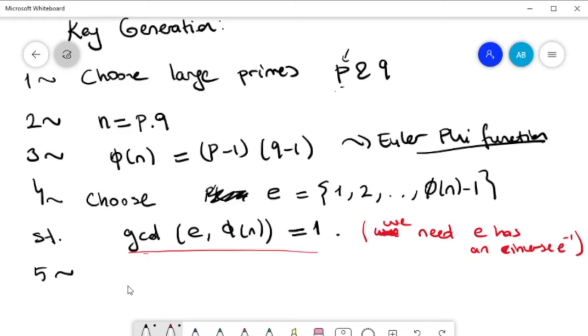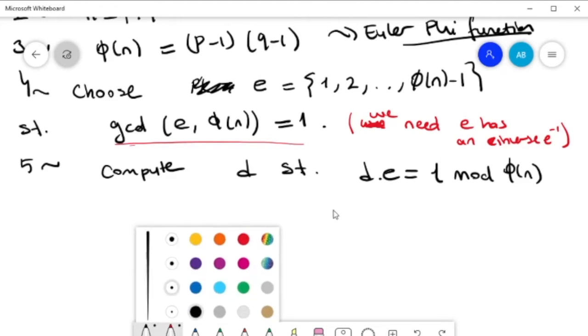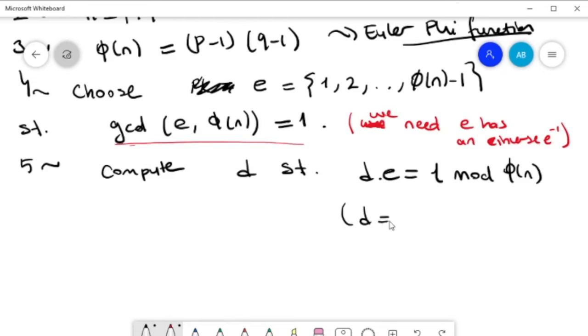And the fifth step, we compute D such that D times E is equal to 1 modulo phi of N. So D is an inverse of E modulo phi of N. If an element is an inverse, then if you multiply it with this element, you get 1.